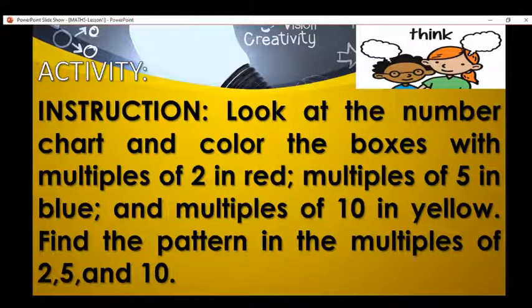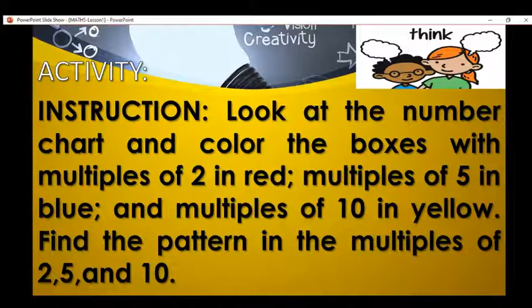Find the pattern in the multiples of 2, 5, and 10.